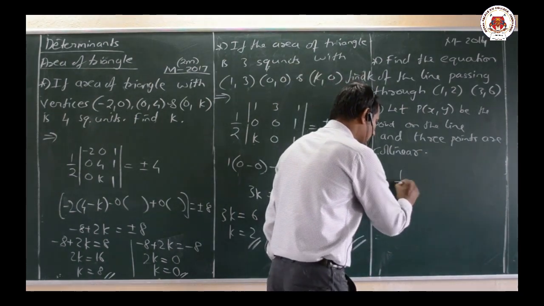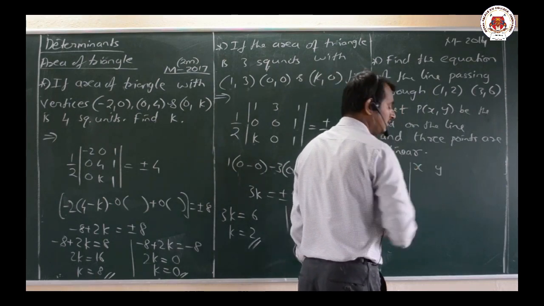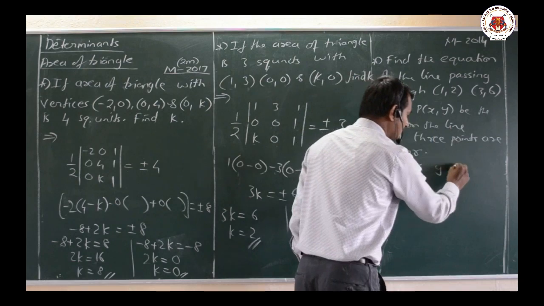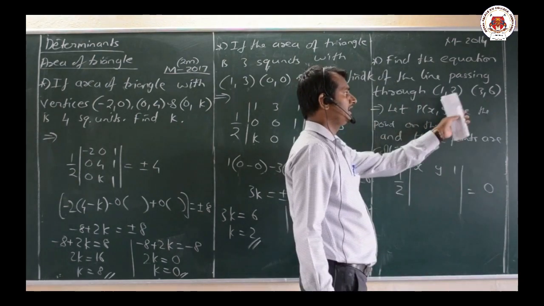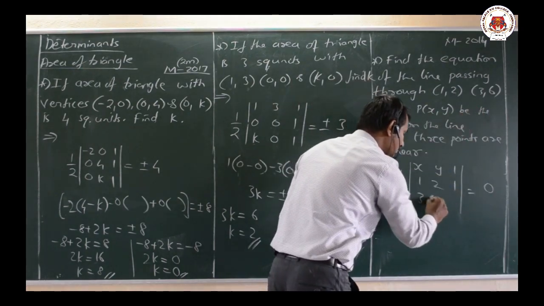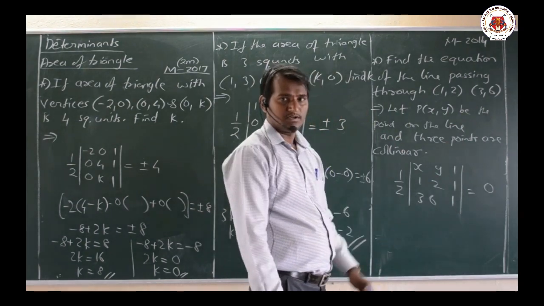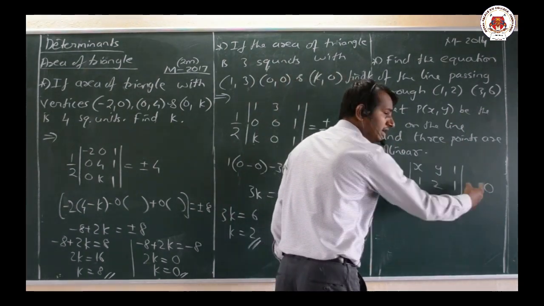That is 1 by 2 into, according to the formula, x1 y1, I will take x y, the first value as p, then 1, which is equal to 0 here. Next, the remaining 2 coordinates 1, 2, 1, and then third coordinate 3, 6, 1. Now I shall solve it. The problem is very simple. 2 into 0 will be 0 itself.